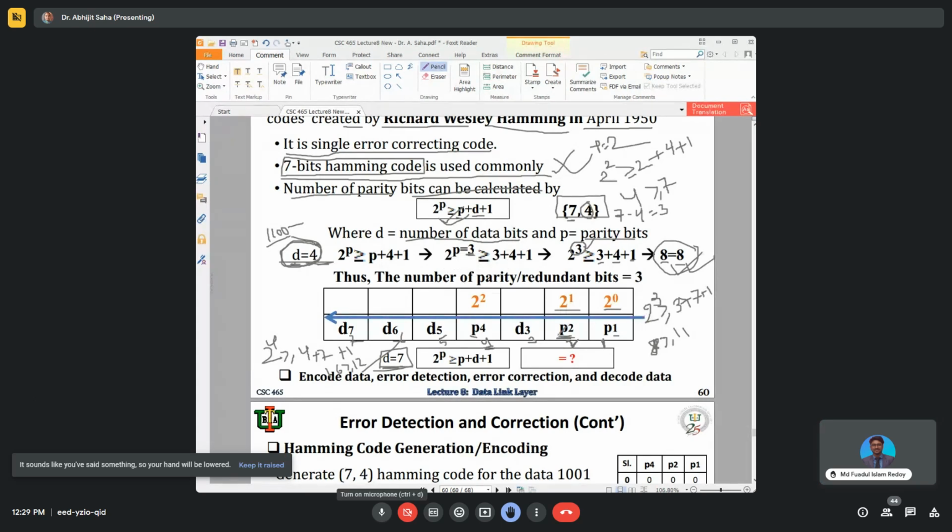So I am telling you that we are finding the positions of the 3 parity bits. We know this one is 2 to the power 0. This P1 you are seeing is not the parity bit value, this is the position of the box. This is the first box, right?